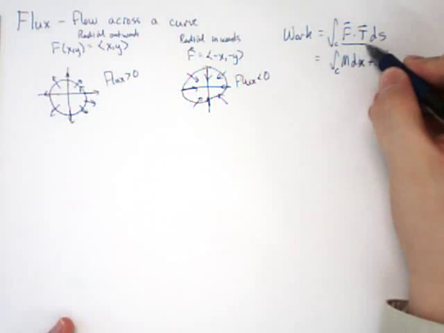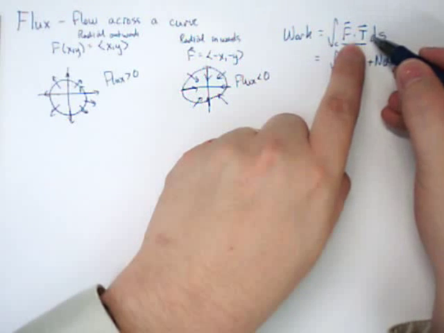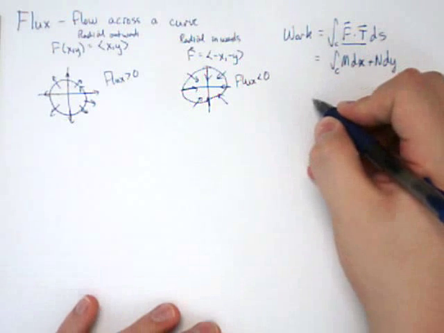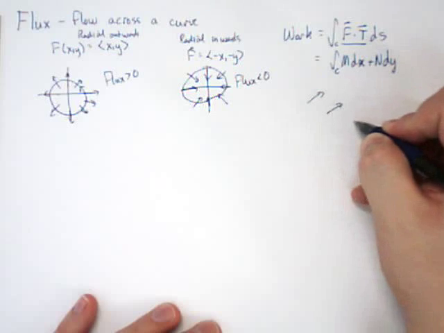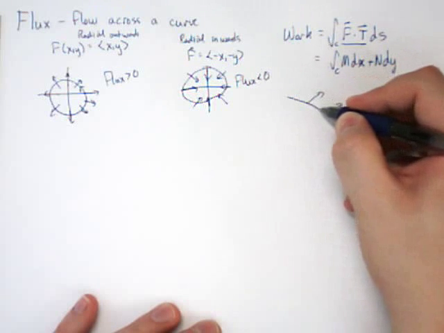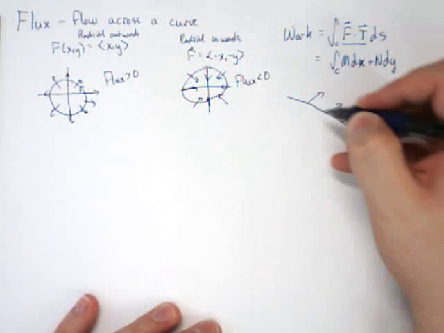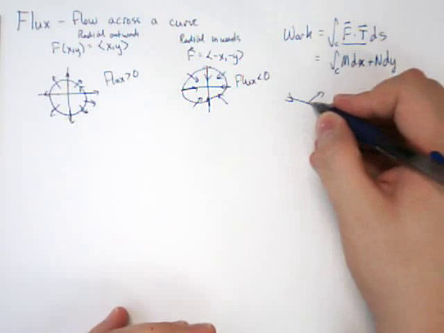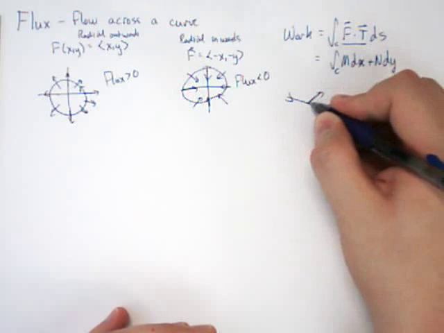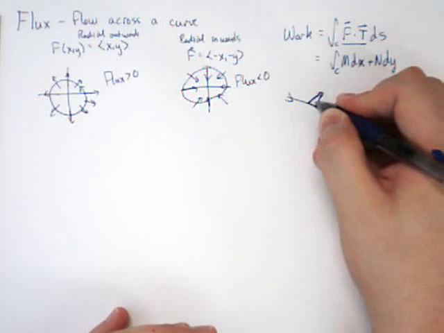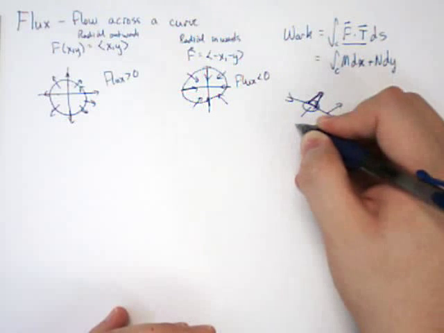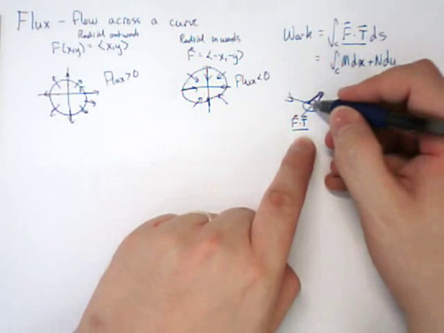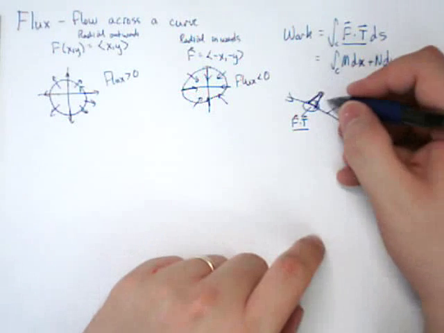The idea is this quantity right here, F dot T, computes the amount of the vector field in the direction of T. If I've got a vector field and I'm moving along a curve, and I want to know how much of the vector field is in the direction of the curve, I can take this vector and ask how much of it moves in the direction of T. This is F dot T. It's the amount of flow in the direction of the curve.